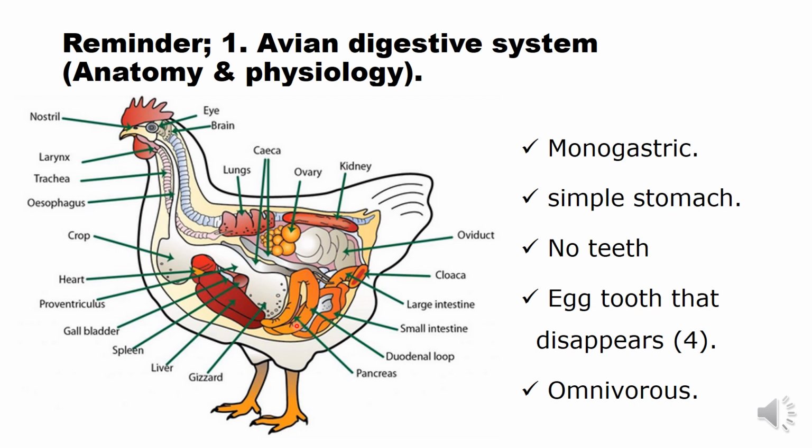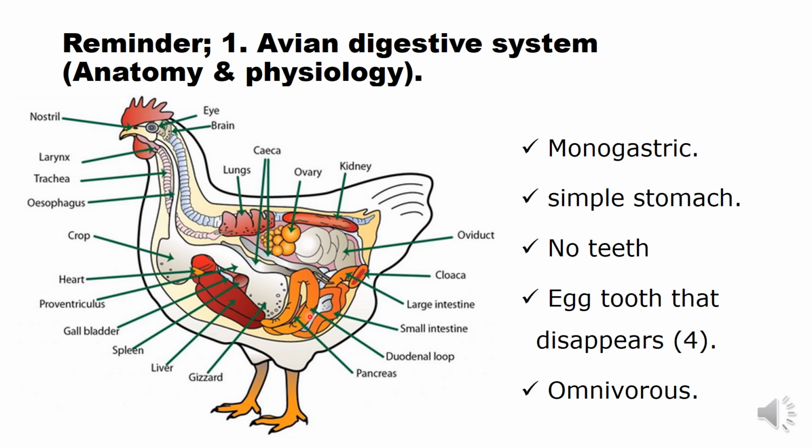Food moves into the small intestine, where it's mainly absorption of nutrients, the protein, carbohydrates, fats. The liver produces the bile, and this bile plays a role in emulsification of fats. The bile is stored in the gallbladder. The spleen is also there, it's also another organ.